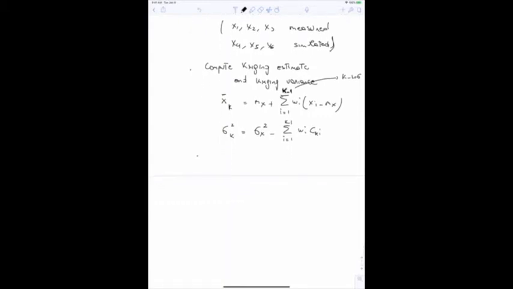Okay, now we build a Gaussian distribution PDF, which has the mean equal to the kriging mean and the variance equal to the kriging variance.